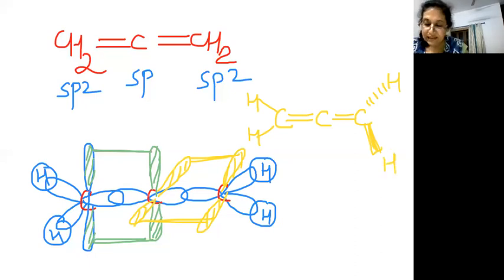So you can see that this allene molecule does not have a plane of symmetry, because though it appears the molecule has a plane of symmetry, these two carbon atoms are not in the same plane. At this carbon atom, this is in the plane of the paper, but if you look at the other carbon atom, both the hydrogens are not in the plane of the paper. One hydrogen is going inside the blackboard and the other hydrogen is coming outside the blackboard.